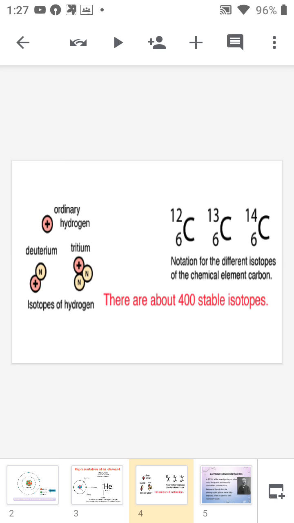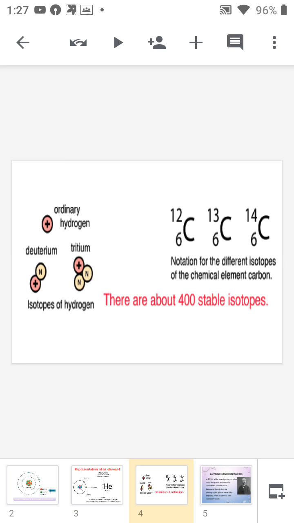And for deuterium, the atomic number is again 1, but the mass number is 2. So it is represented by H with atomic number 1, mass number 2. And the only difference between ordinary hydrogen and deuterium is that it consists of a neutron in the nucleus.